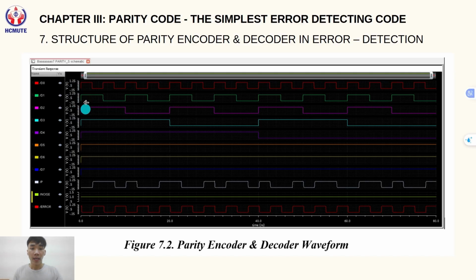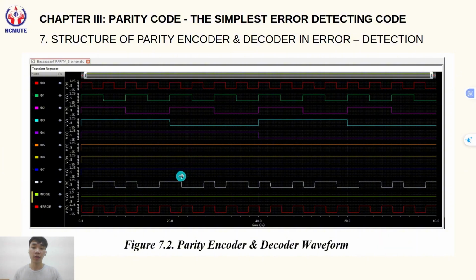So in this waveform, at the first time interval, all input bits equal 1, so the parity bit equals 0. Passing through the decoder, the D0 noise equal to 1 matches the actual value, so the error output equals 0, indicating no error. But at this time interval, input bits equal 0, 1, 1, 0, 1, 1, 1, 1.